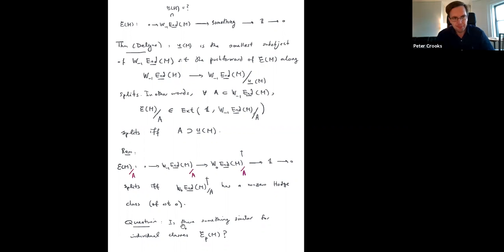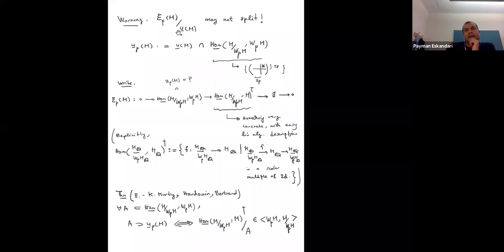Okay, so the question is, what can you say about these individual classes EP? It's easy to see that these push forwards, EP modded out by UM, don't have to split in general. But you can still extract some information.